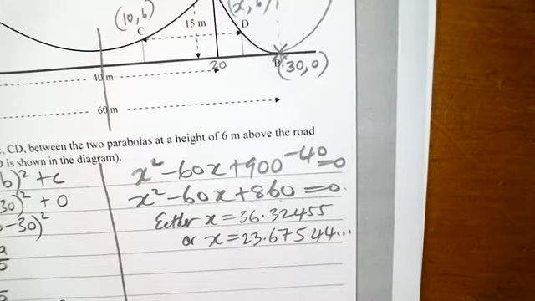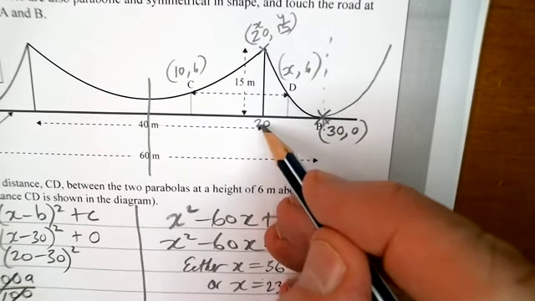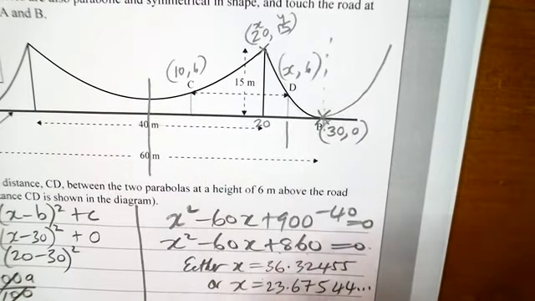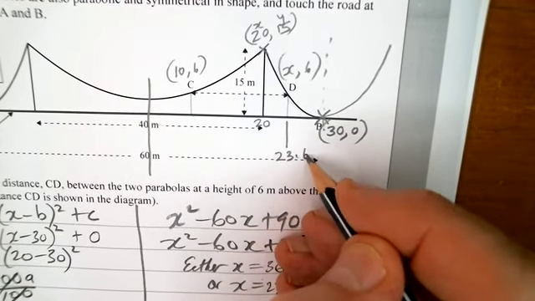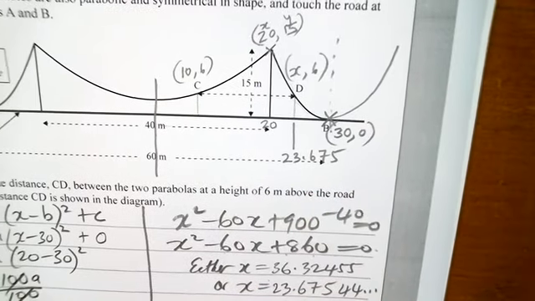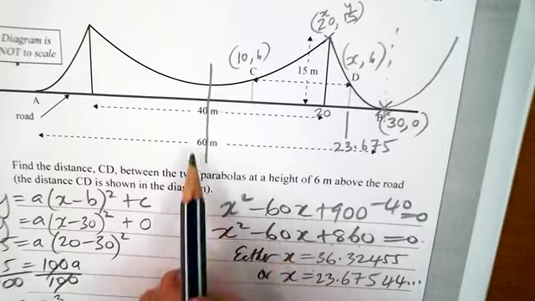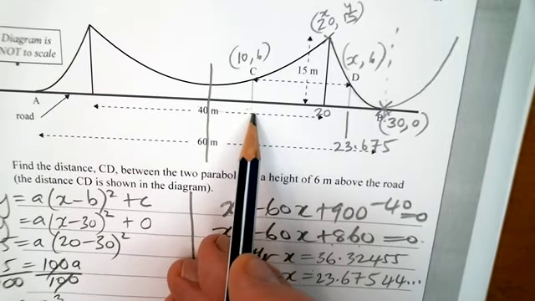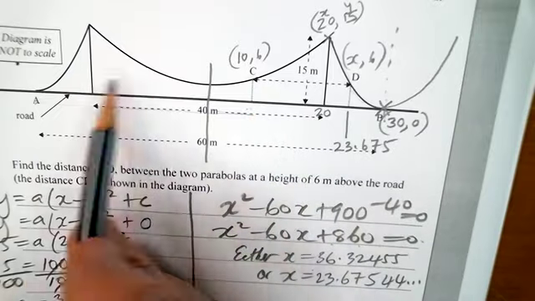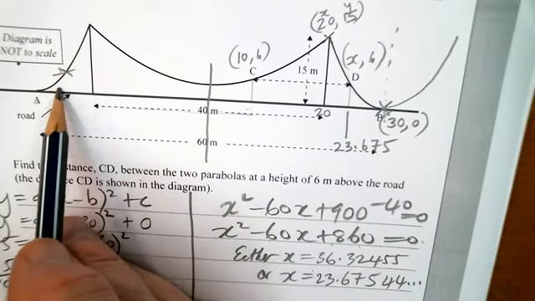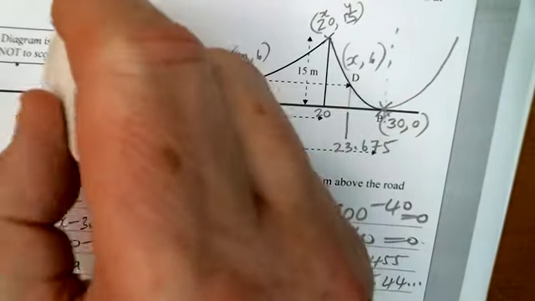Now, what do those two numbers represent? This number here is 36.32455, and that number there is 23.675. Well, let's do 3 decimal places.